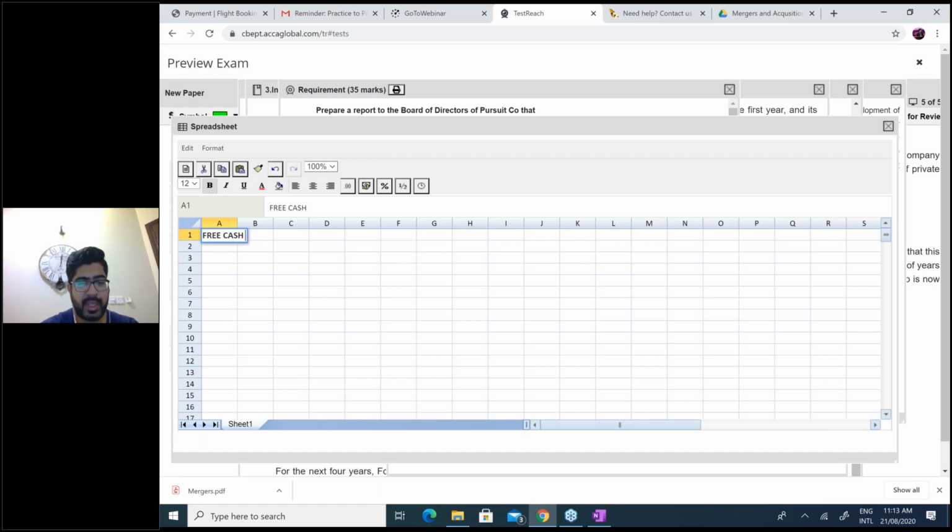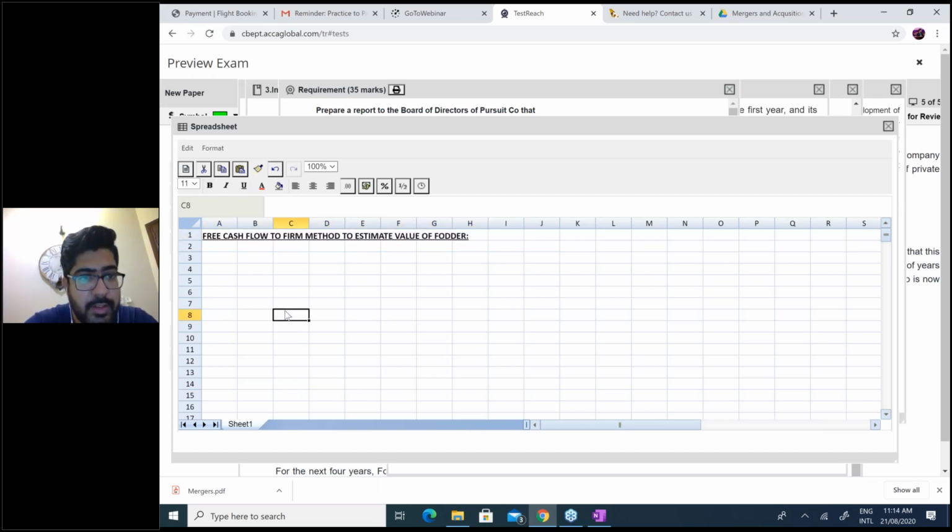I'm first doing Fodder: free cash flow to firm method to estimate value of Fodder.